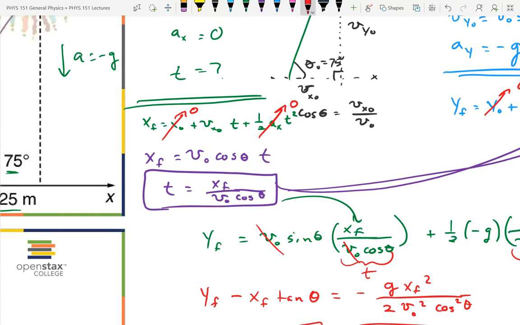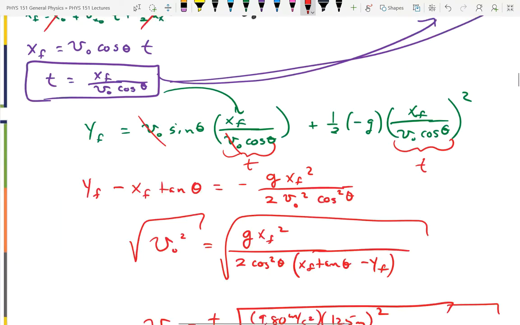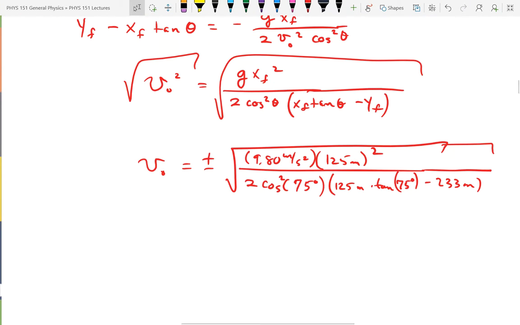Here, it was 0 times t squared because the acceleration was 0 there. Going to have to trust that tangent of 75 degrees is bigger than 2. Tangent of 45 is 1. What'd you get? 69.96.